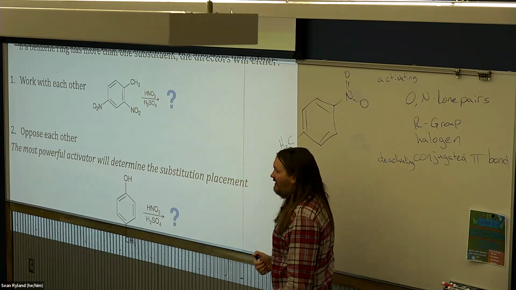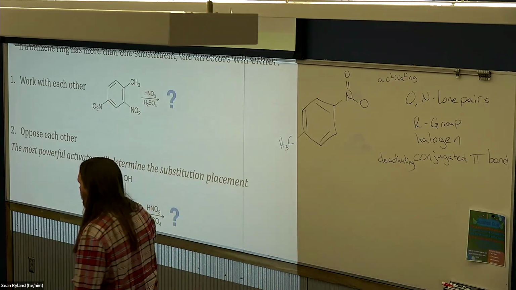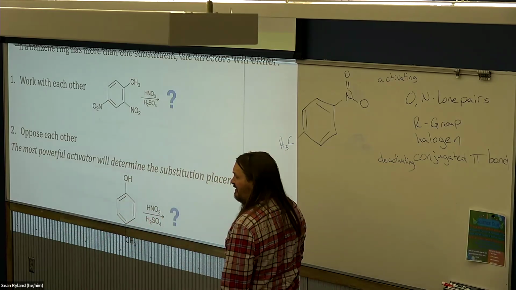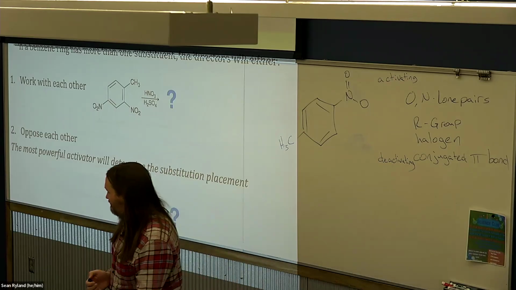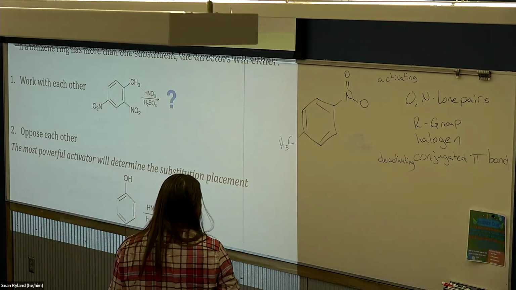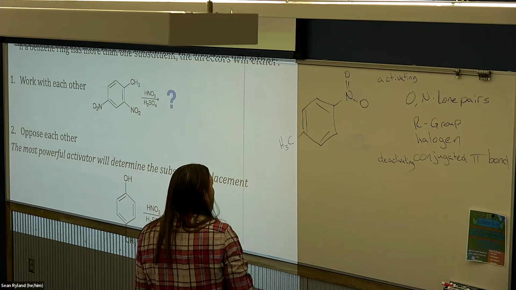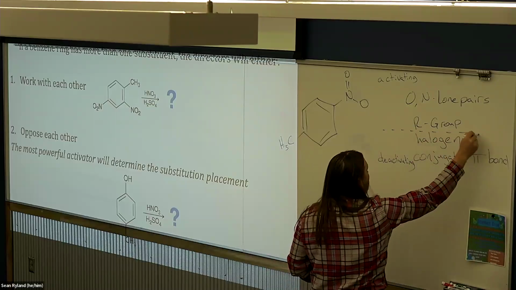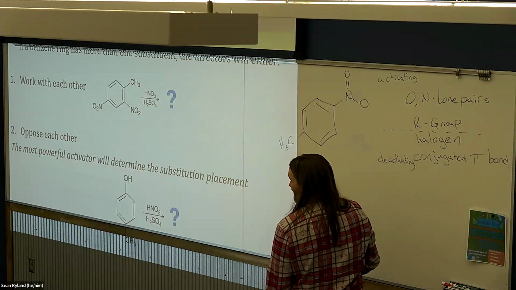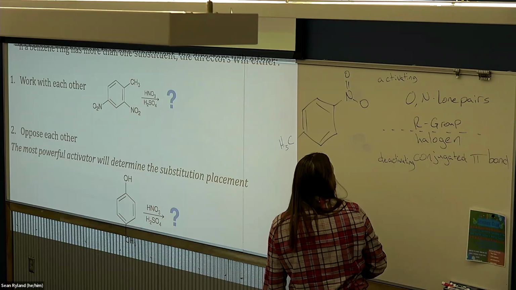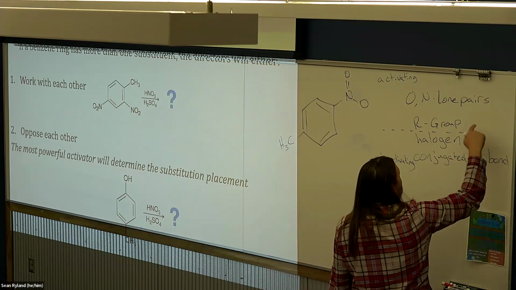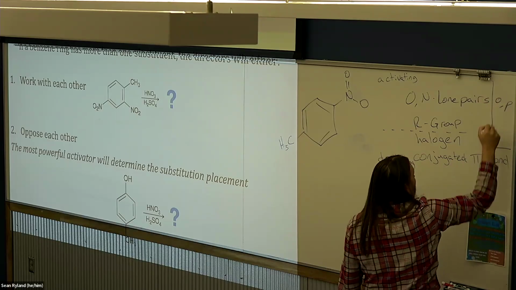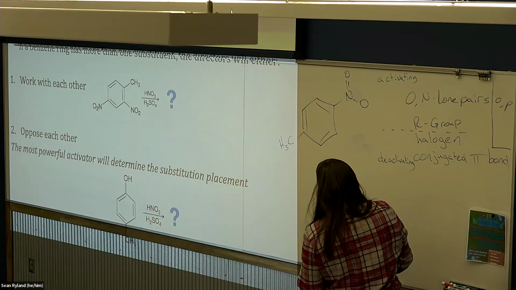So if I was going to sum up that entire thing as concisely as possible, I would do something like this. And just remember that you're activating. There's your line between activating and deactivating. And everything here and up is OP, and conjugated pi bonds are meta.